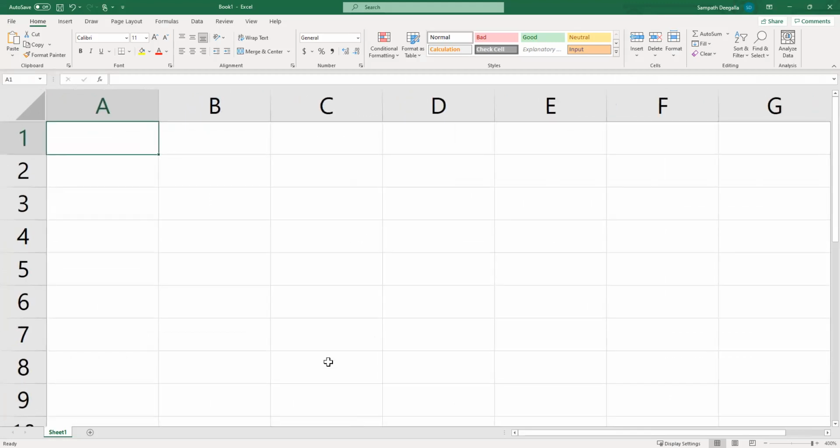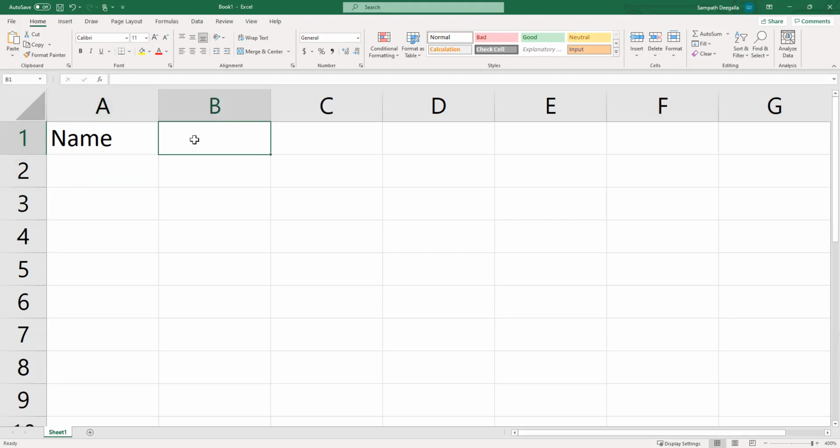When it comes to spreadsheets, you can enter several data points. You can have labels, like the name of a person. Remember, when you type a label, it goes to the left side of the cell.